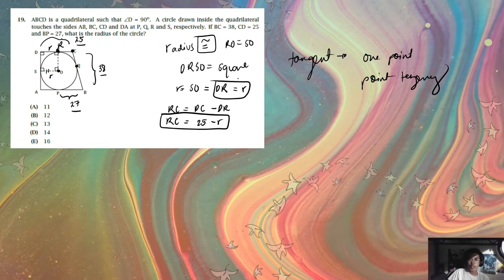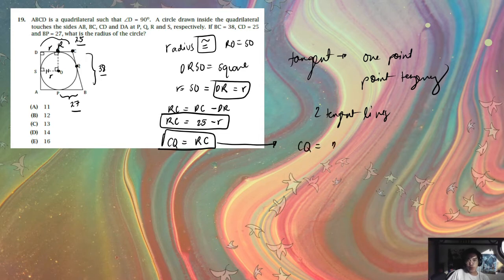One of the theorems about circles is that if you have two intersecting tangent lines, they must be congruent to each other. So if RC is equal to 25 minus R, then CQ is going to be equal to RC, according to that theorem. So CQ must also be equal to 25 minus R.